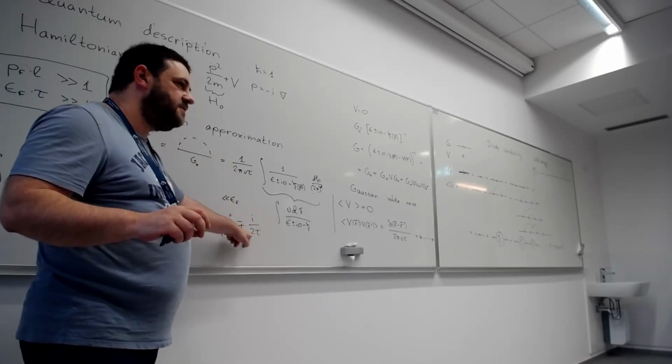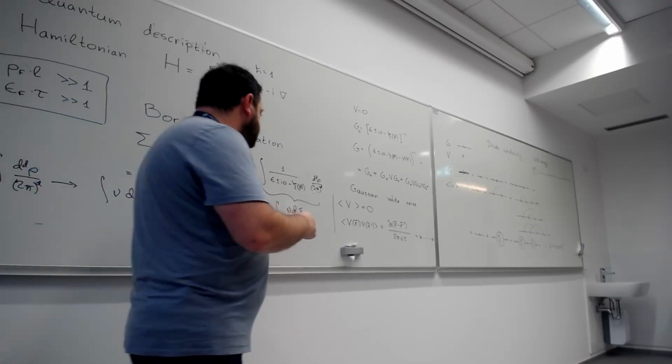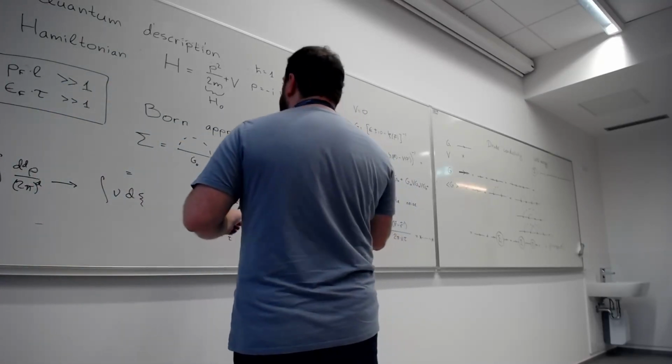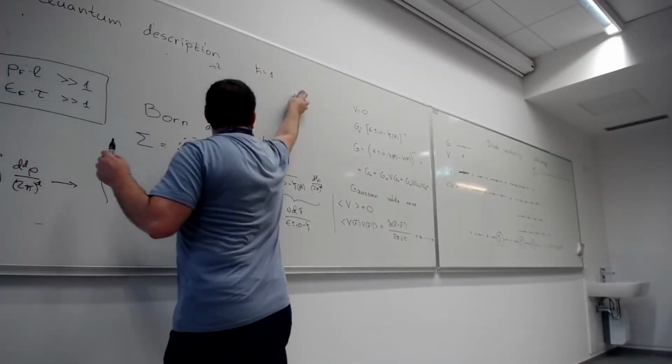But the imaginary part is more important because it has different sign for retarded and advanced functions, and it has tau inside. And this is the very final thing I wanted to present.